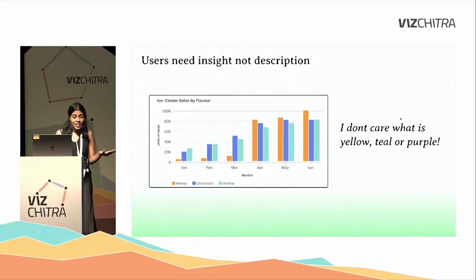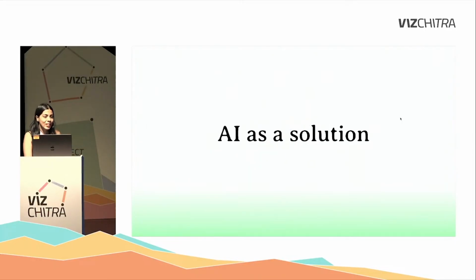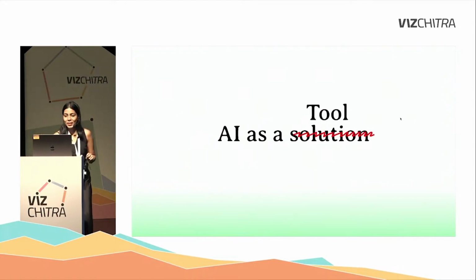I don't care what is yellow, I don't care what is purple, what's on the x and y. You think you care, because you made it. I want to know the high-level insight. And so we realized we were using AI as a solution. What we needed was to use it as a tool.